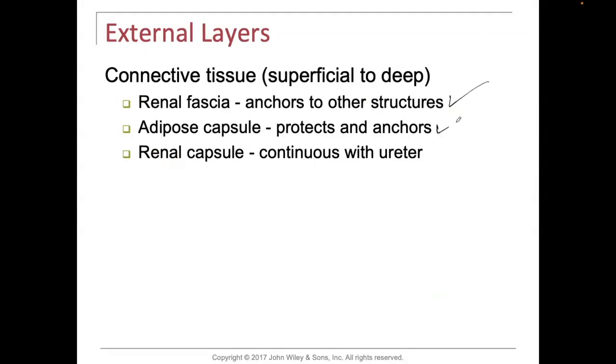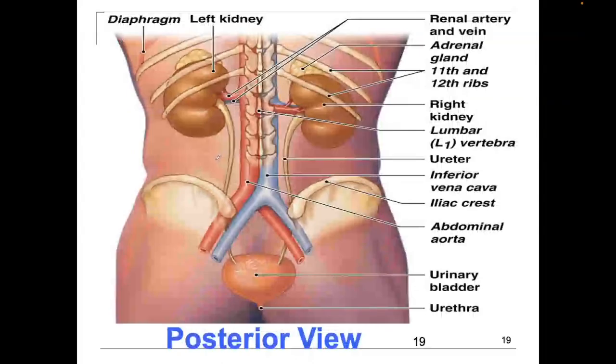The adipose is responsible for protecting and anchoring the kidneys. And the renal capsule is continuous with the ureter. These are the layers from superficial to deep. The fascia is most superficial, and the renal capsule is closest to the actual kidneys.